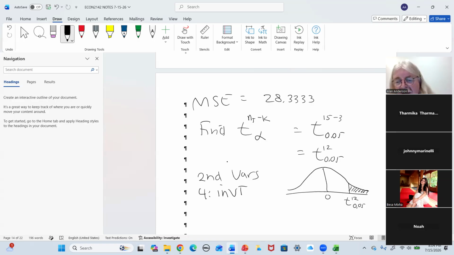And so it's going to ask for the left tail area, so it's 0.95. Degrees of freedom is 12, so we can look that up.